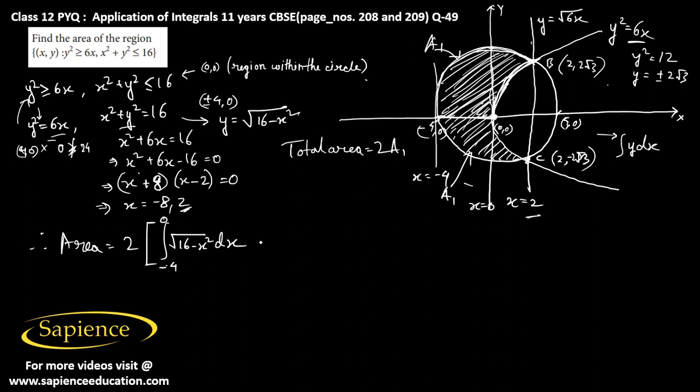Then plus the integral where, from this circular part, we should subtract the parabolic part. So we should do square root of 16 minus x squared minus root over 6x, integral dx, and that will go from 0 to 2.